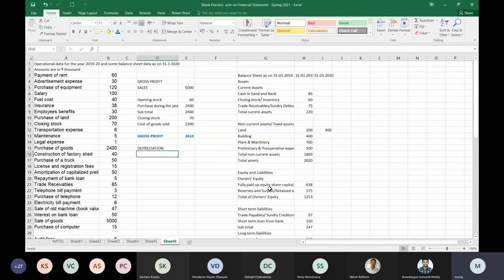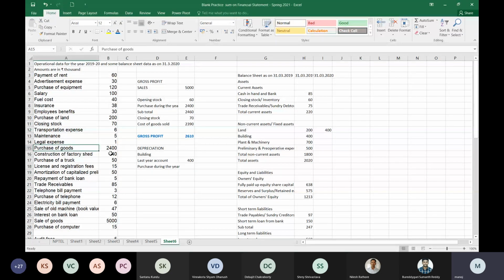Now in depreciation, we start with building first. Building. So initially we start with last year's account. How much is the building that was there in the previous year? Building is 400. We just pick up the data from there. And if we purchase any building during the year, building or factory shed or something, let us see.